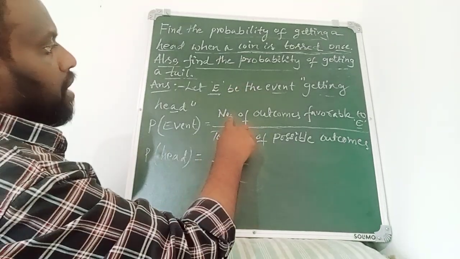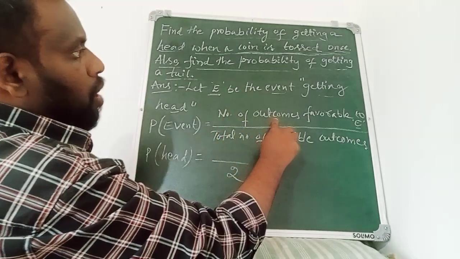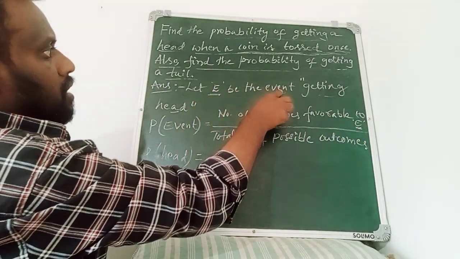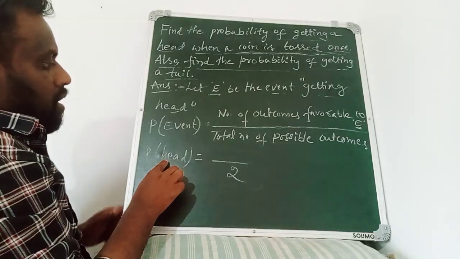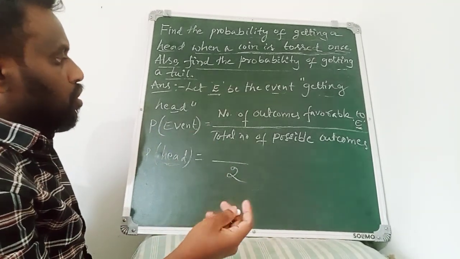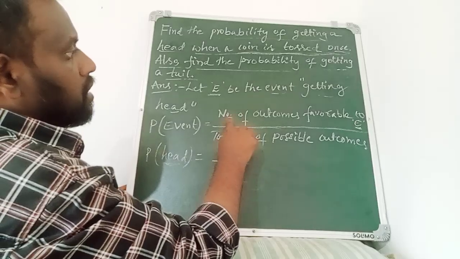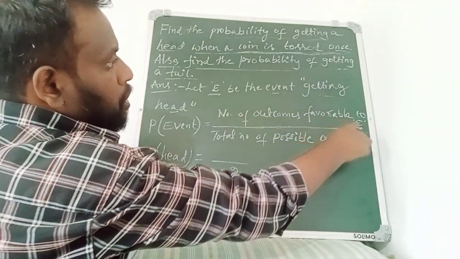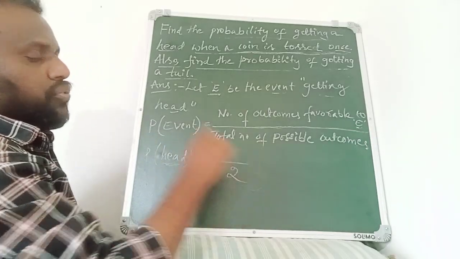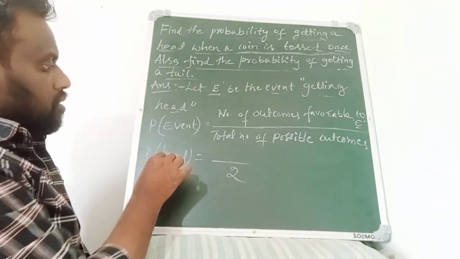Next, we have to find the number of outcomes favorable to E. E means event. Here which event are we considering? Head, I mean getting head. So for getting head, what is the number of outcomes favorable to E?